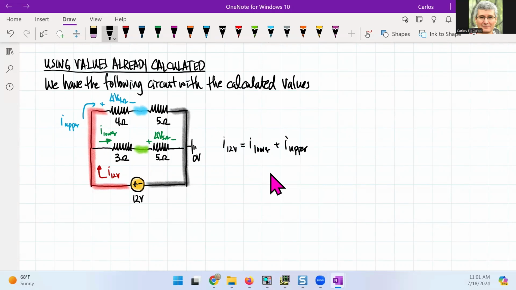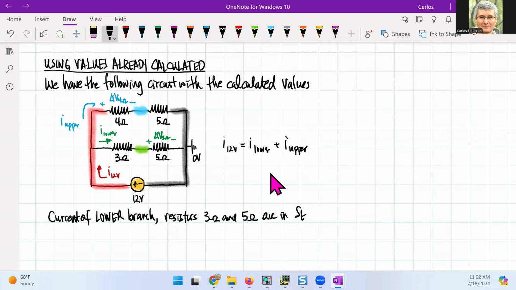So if I look at the current of the lower branch, the 3 and 5 ohm resistors are in series.